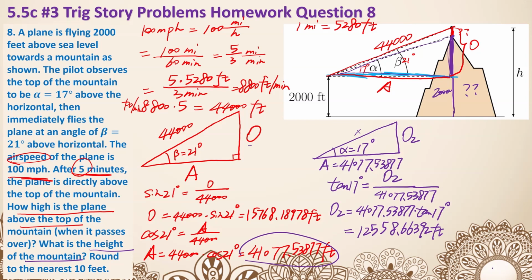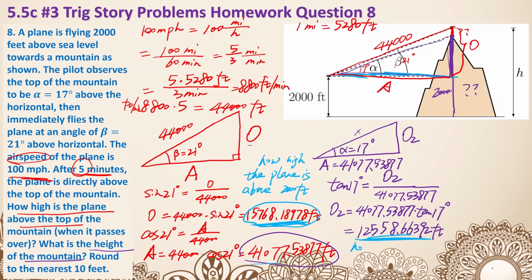Okay. Now we found the purple portion and the red portion. In order to answer the question, first, how high is the plane above the top of the mountain? That would be the difference between these two numbers that I found. Because this number is how high the plane is above 2,000 feet.